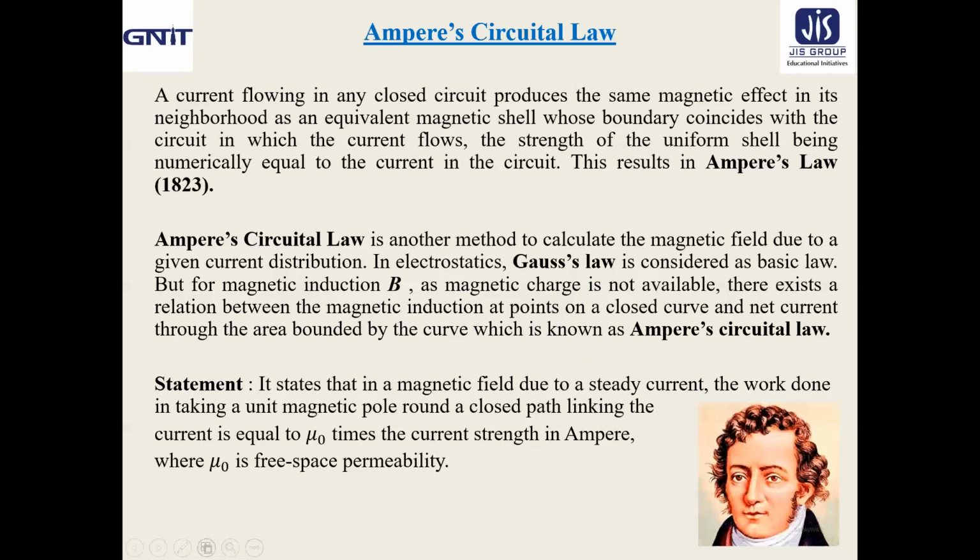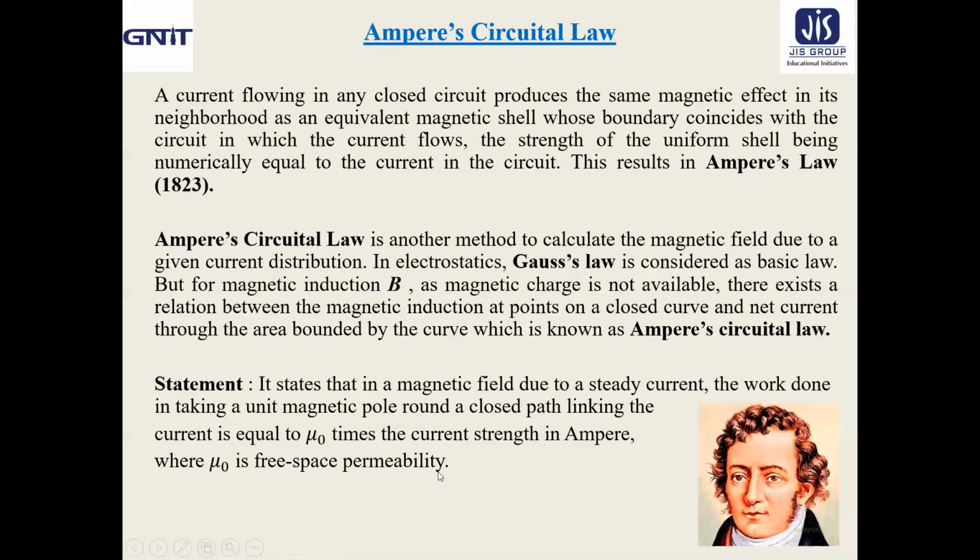Formally, what is the statement of Ampere's circuital law? It states that in a magnetic field due to a steady current, the work done in taking a unit magnetic pole round a closed path linking the current is equal to mu naught times the current strength in ampere, where mu naught is the free space permeability.